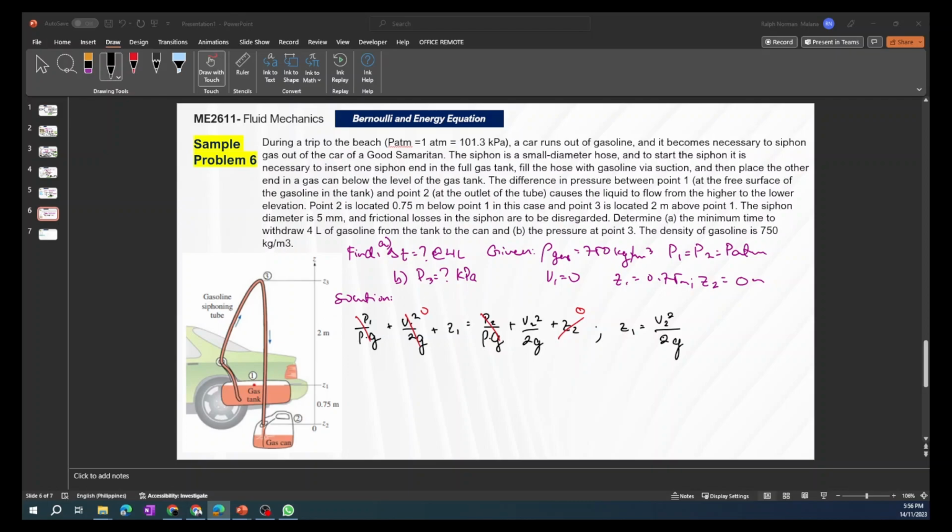And then from here, we can now determine the velocity, which is simply the square root of 2g Z1. So this is simply 2 times 9.8066 times Z1 of 0.75.